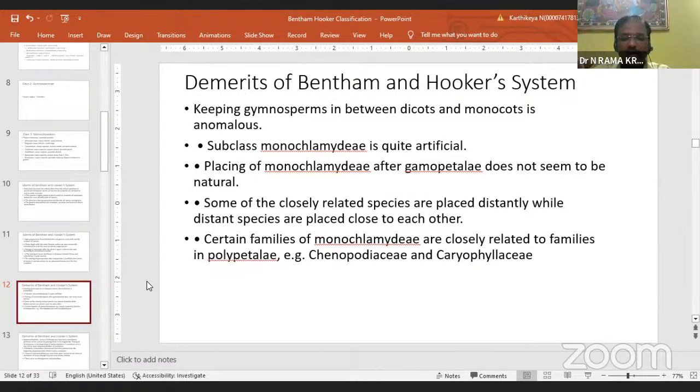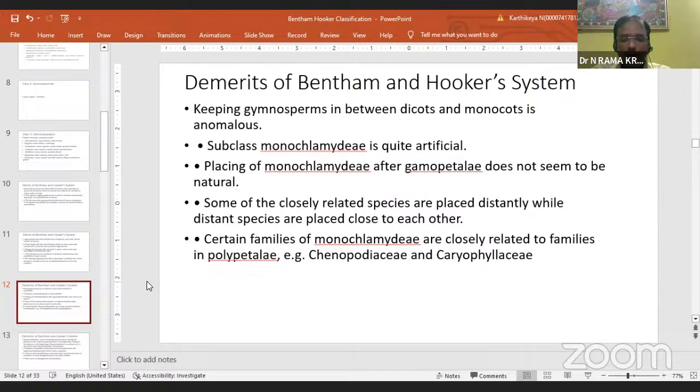Several important floral characters have been neglected. In this system, some of the closely related families have been separated and placed under different orders. In the same way, a number of unrelated families have been placed very close. So these are all the demerits.